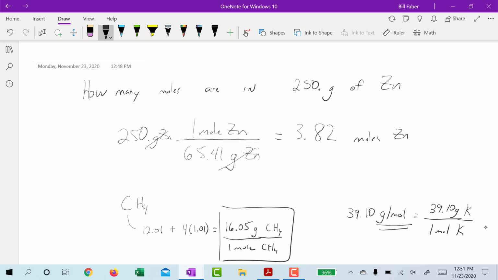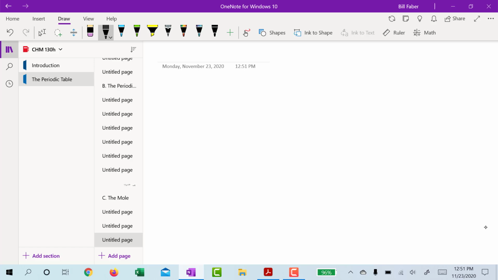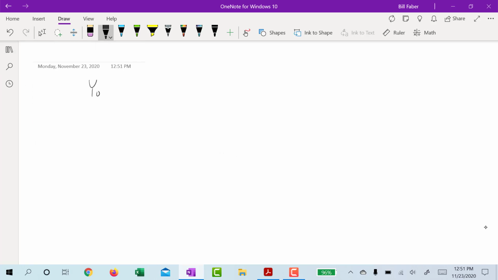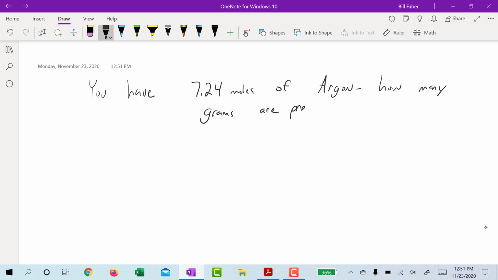Okay, so like I said, you can go from grams to moles, or you can go moles to grams. So if I said you have 7.24 moles of argon gas, how many grams are present? Well, 7.24 moles of argon, and I know that I want grams of argon.